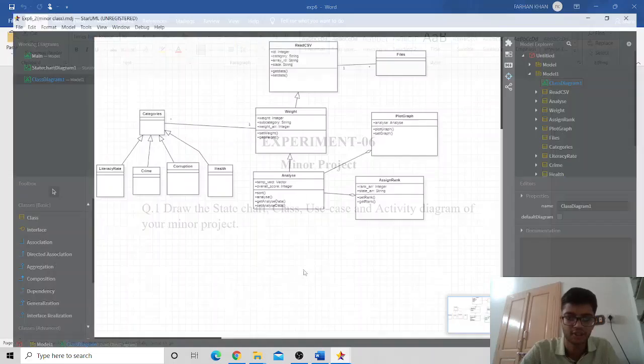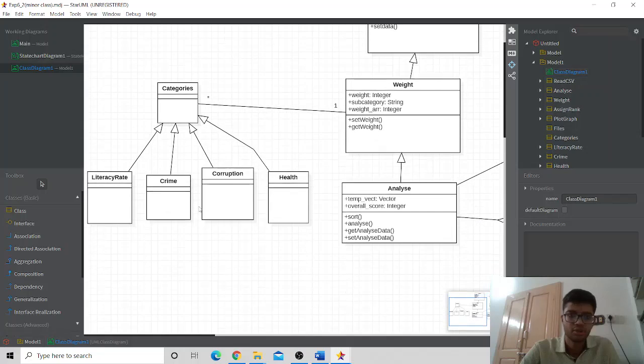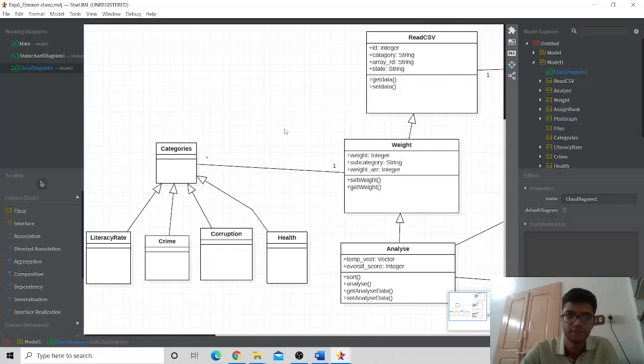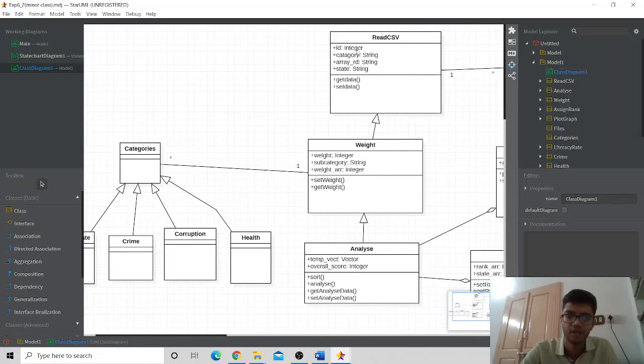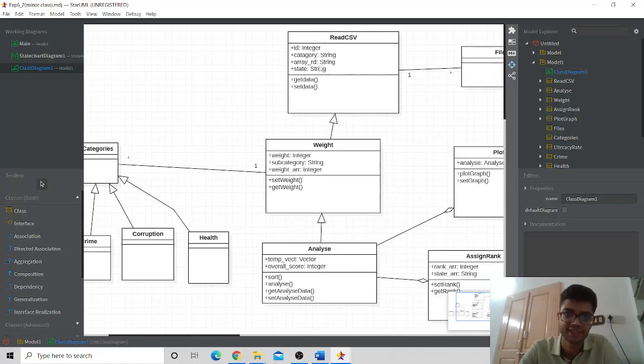So our class diagram is this. There is one class which is read CSV. Read CSV takes the attributes ID, category, and an array of ID in which our data is stored, and the state, meaning for which state this data is.